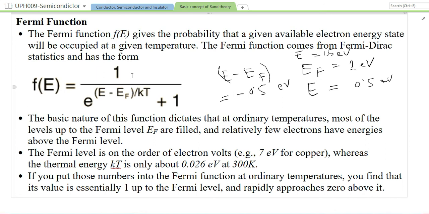That means the probability is very small. So any electron having energy greater than this would have less and less probability to be in that energy level. That's how the Fermi function gives you an indication of which energy levels are going to be filled and which are going to be empty.